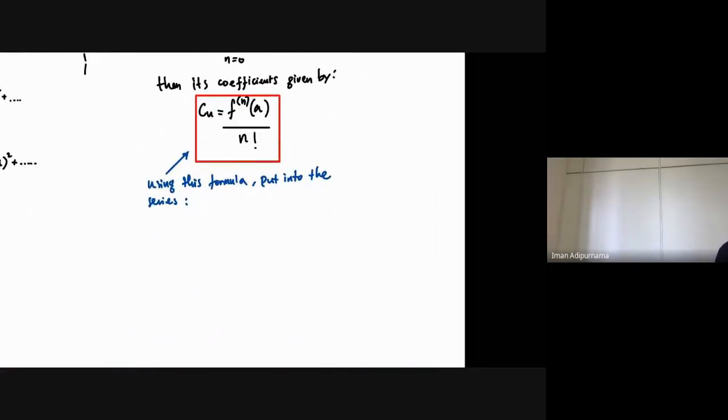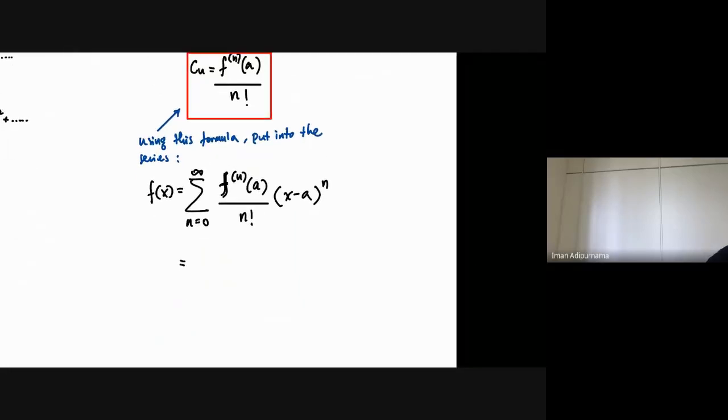Now we have f(x). Let me write the cn, and then (x minus a) to the power of n. If we expand from 0 and then 1, 2, 3, let's try some n terms.